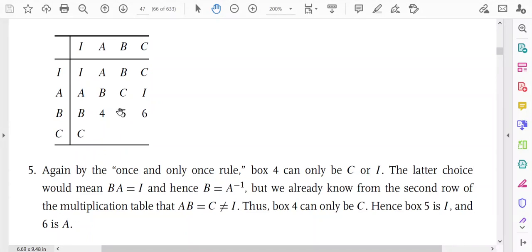Why will box 5 be I? Because we cannot write I here, otherwise I will be repeated two times. So box 5 is I and box 6 is A. So now we have already filled up the third row.